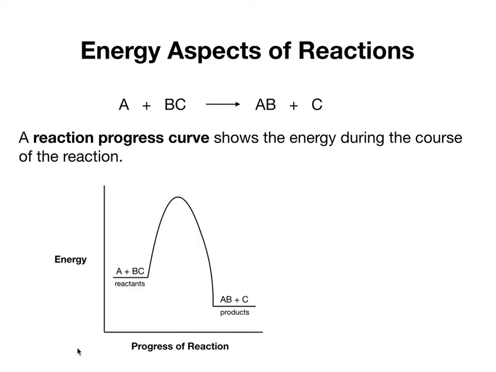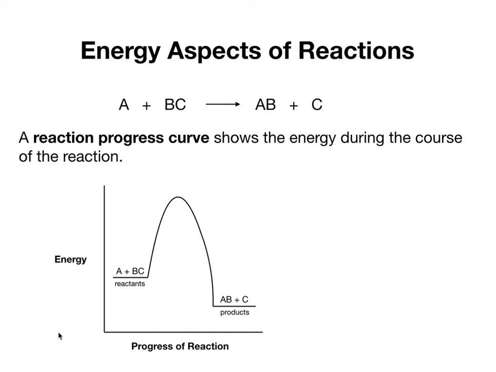And a typical curve might look something like this. The reactants start off at some energy. The products are going to end up at another, different energy. So I'm showing my reactants here, A plus BC. The products over here, AB plus C. So there's a curve here in going from reactants to products.